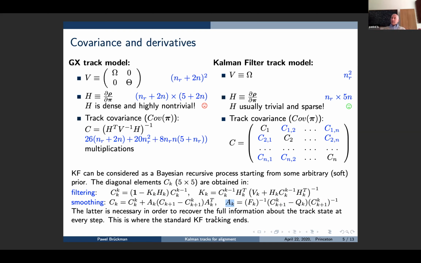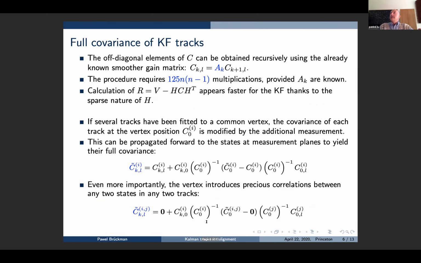The latter is necessary, as I said, because of what we are actually interested in. Because already after filtering, our track parameters at the exit of the tracking system are optimally determined, but this is not what we typically need.